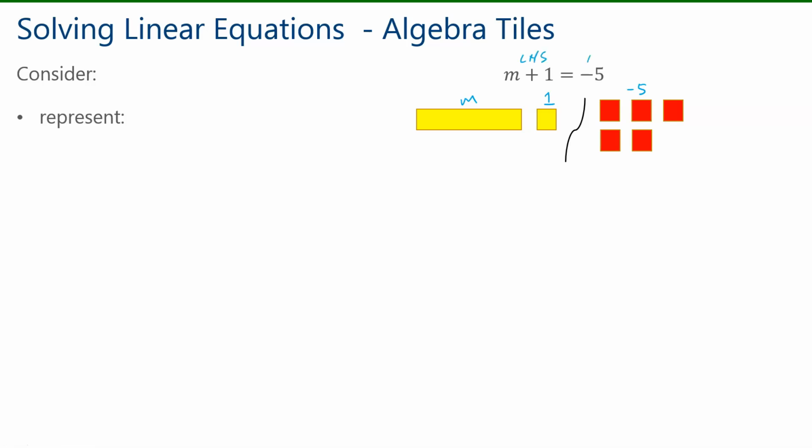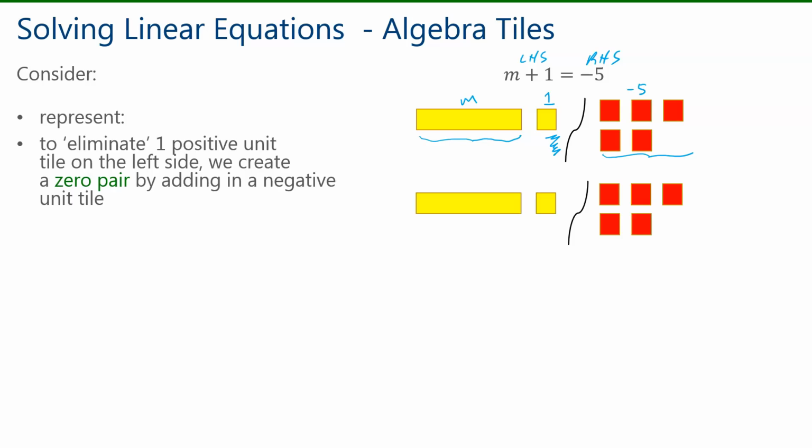Left-hand side, right-hand side. In this example, to get our variable tile by itself, we have to deal with this positive 1 unit tile. We are unable to simply remove one from both sides because on the right-hand side, there are no positive unit tiles.